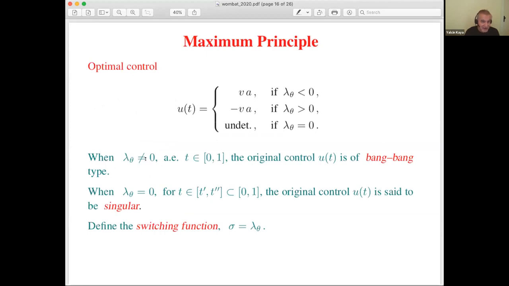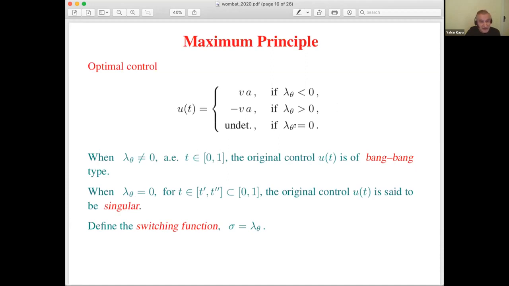When lambda theta is different from 0, because W takes either the upper bound or the lower bound, we have a bang-bang type control, switching, if there is a switching at all, from the lower bound to the upper bound, or from the upper bound to the lower bound.